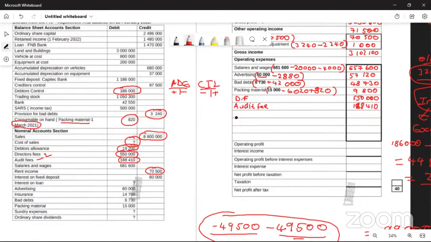Okay, then after audit fees, salaries and wages we have already used.